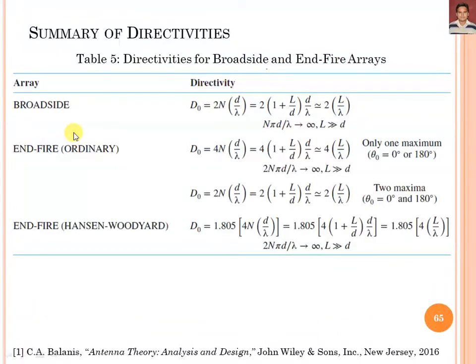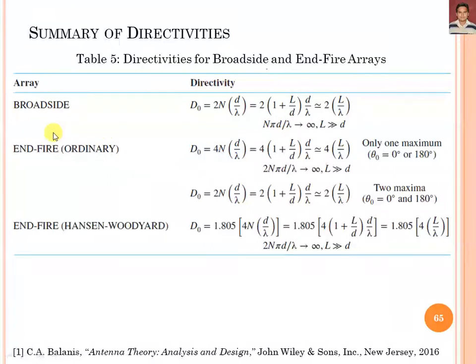We summarize the directivity for broadside and end-fire arrays in this tabular form. For the broadside array, the directivity D naught equals 2nd by lambda, which is equal to twice L by lambda, where pi and d by lambda tends to infinity or L is much greater than d. There are two assumptions we have to consider for solving this directivity equation in the case of the broadside array.